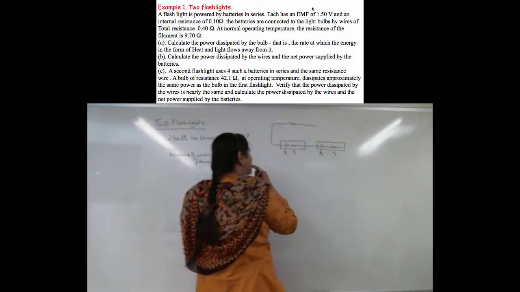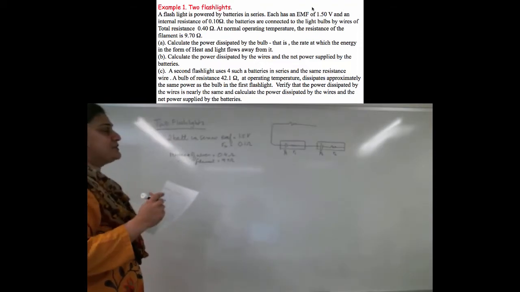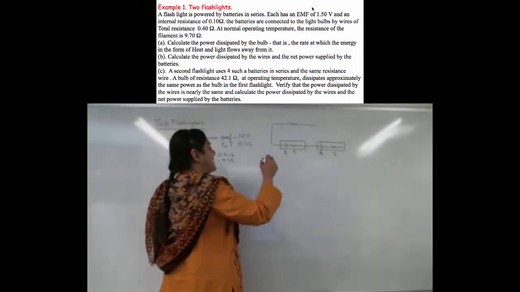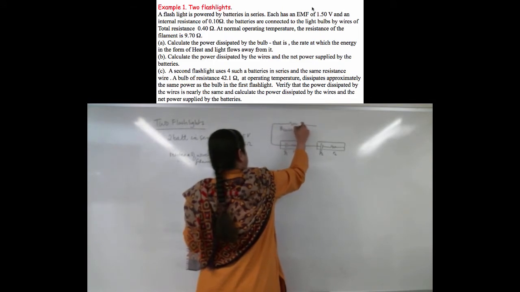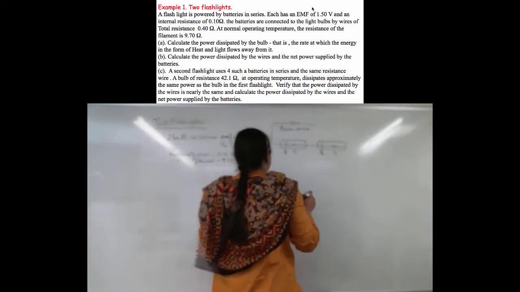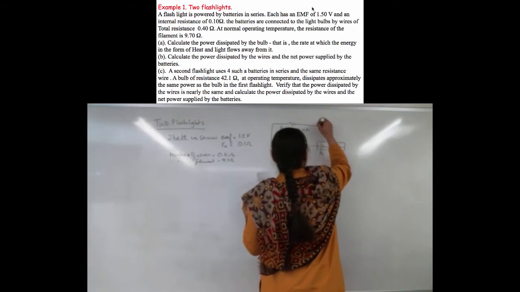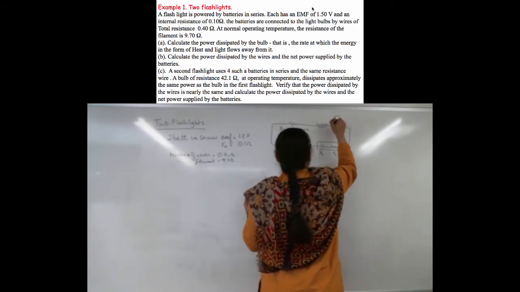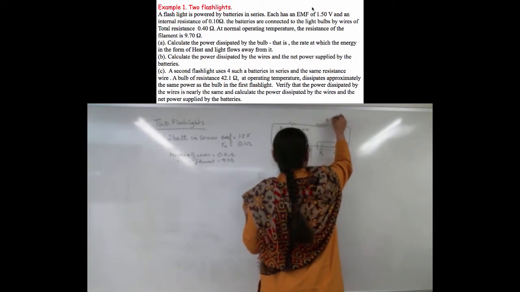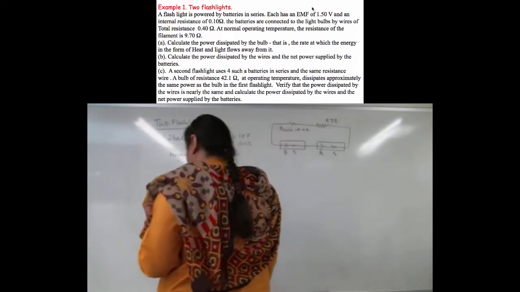Wires have resistance of 0.4, so I can call that my wire resistance, 0.4 ohms. And it has a filament for the flashlight, and that filament has 9.7 ohm resistance, okay?